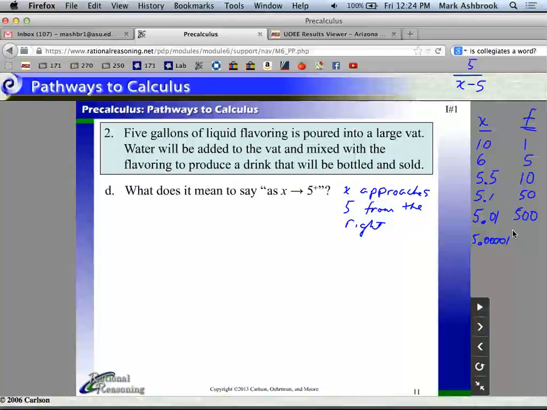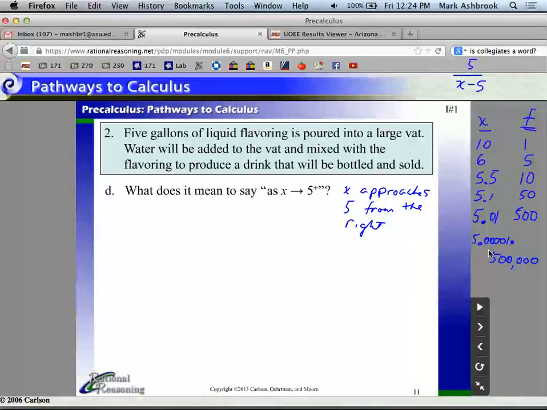And so as you get closer and closer to 5, what happens to that amount of water? It decreases, and therefore the ratio of flavoring to water increases way up. Anyone get this last one? How many zeros? 500,000? So as x approaches 5 from the right, what does the output of this function do?